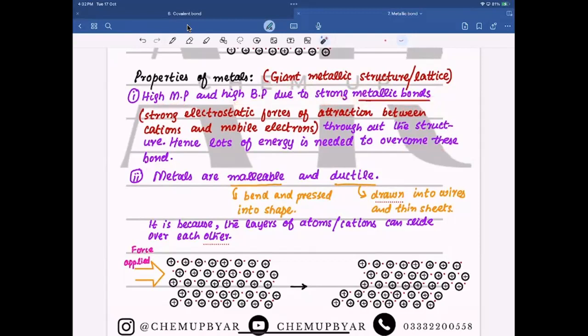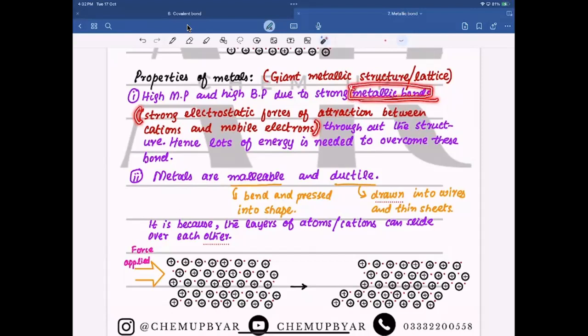So instead of writing metallic bonds, examiners sometimes mention this whole thing. Either you can write strong electrostatic forces of attraction between cations and mobile electrons, or you can use the term metallic bond; both mean the same.